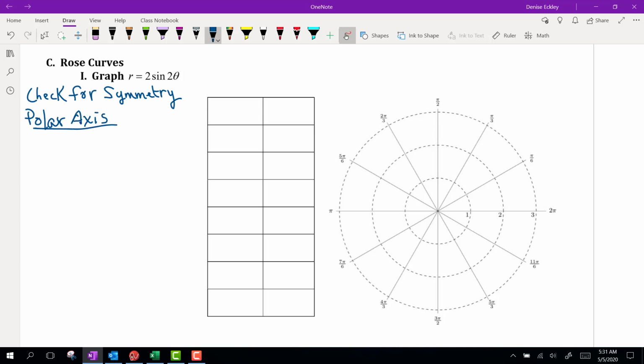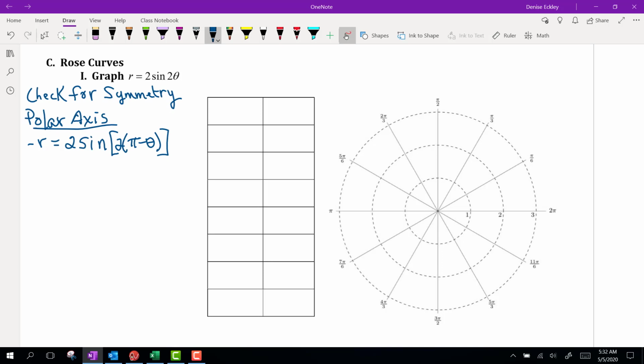I am just going to go right to replacing, because I know this is a different test, the Rose test, negative r on one side, and I'm going to use pi minus theta in the other side.